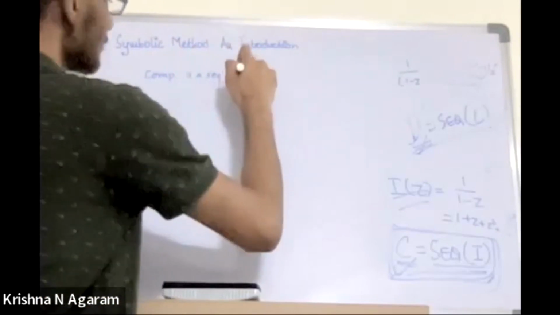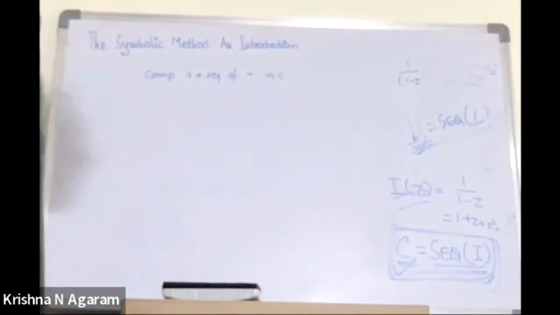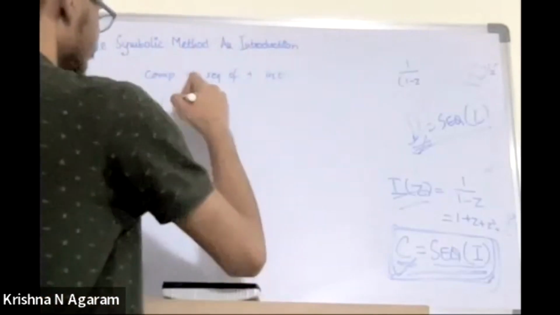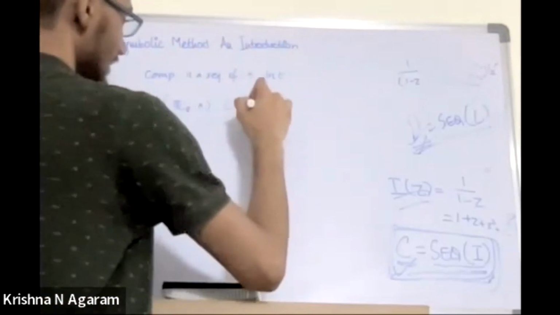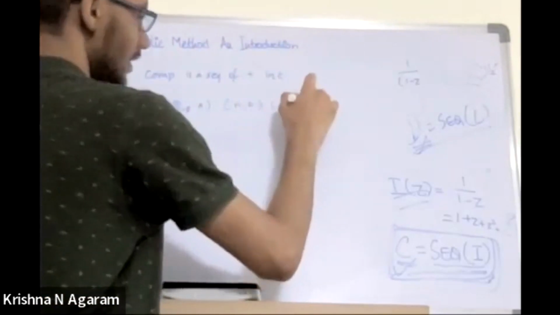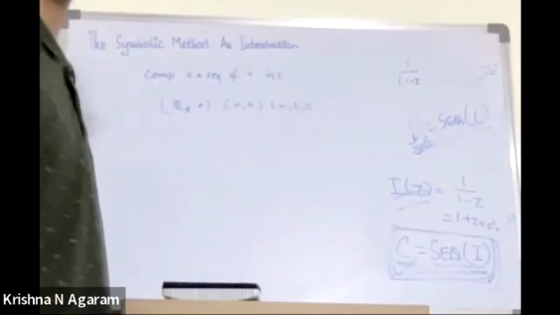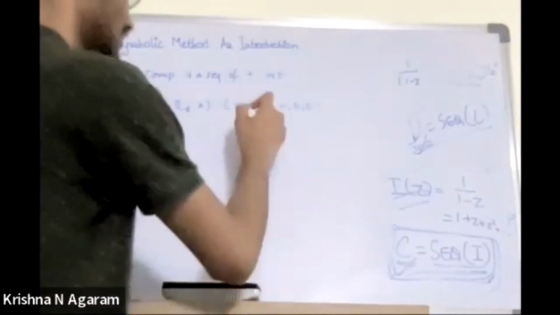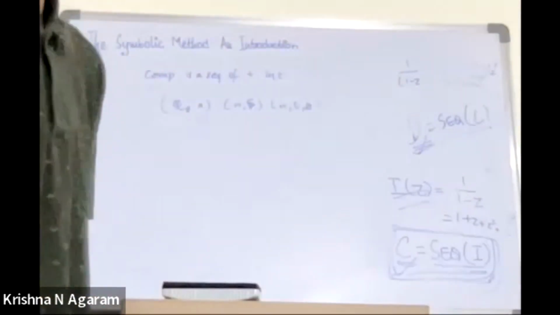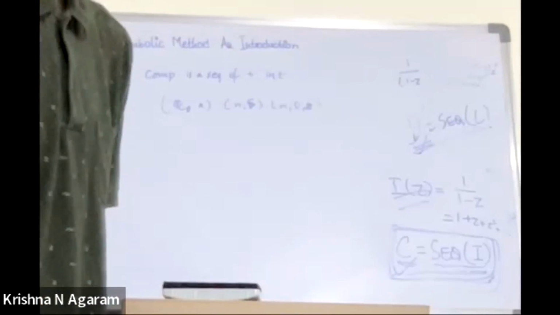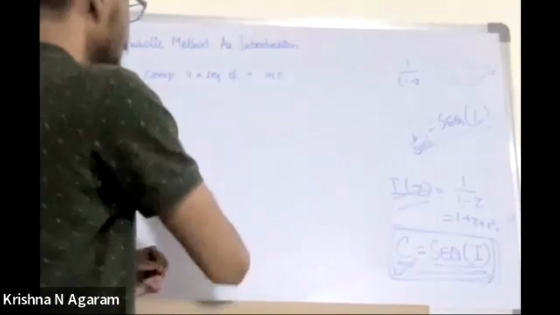A composition is a sequence of positive integers, because a similar problem is there. If I allow zeros, then for n, 0n, 00n, all of them are compositions, and the number of compositions is infinity. So I'll allow only positive integers. That's fine, right?